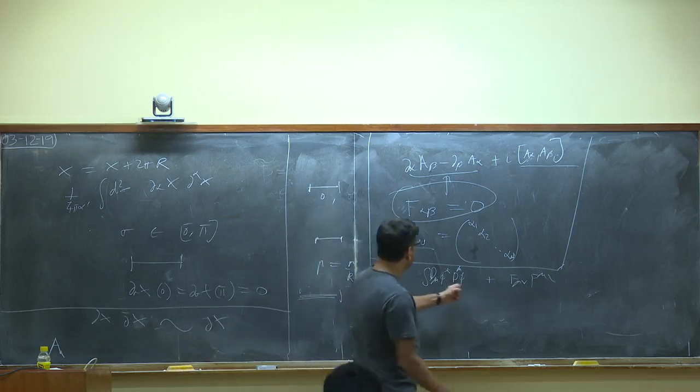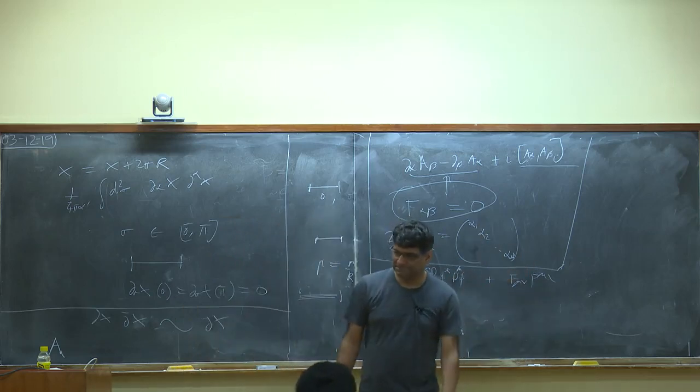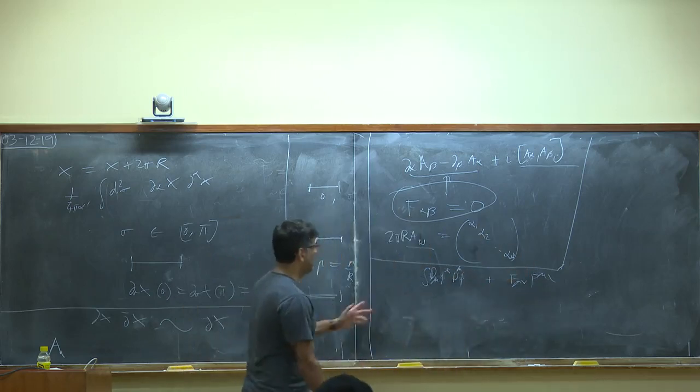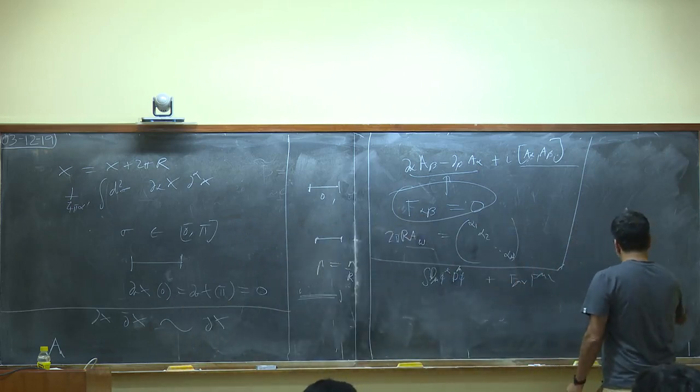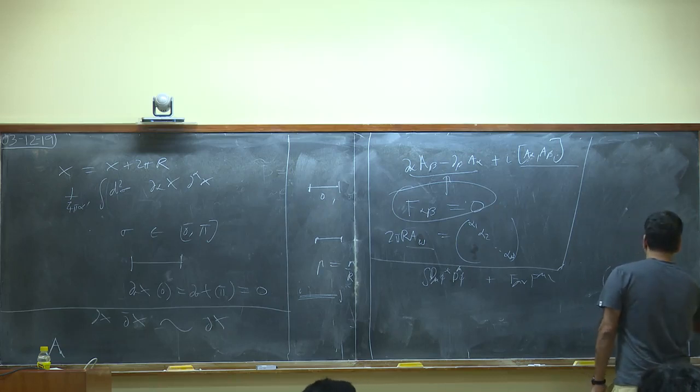And around the circle, we've got a holonomy of this form. Since this is U(1), we have 2 pi r A is equal to alpha.